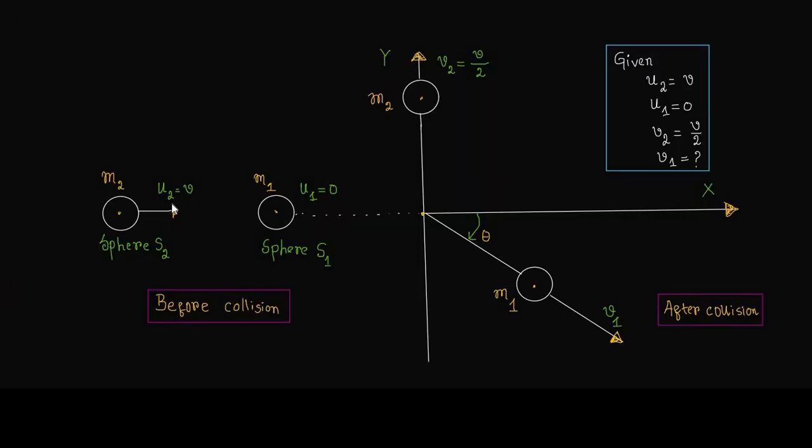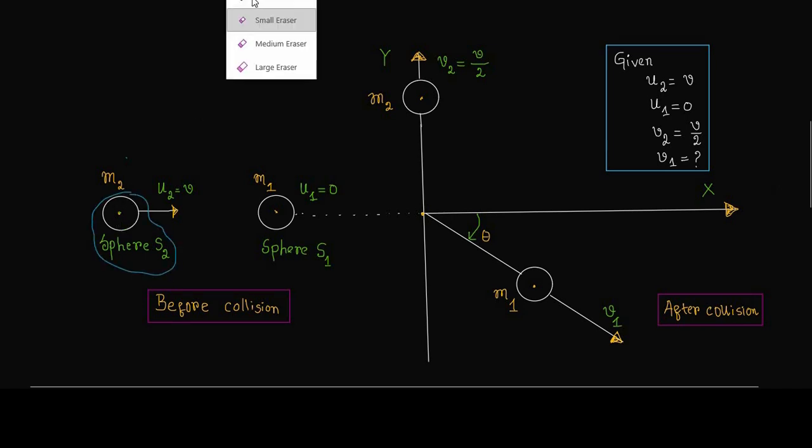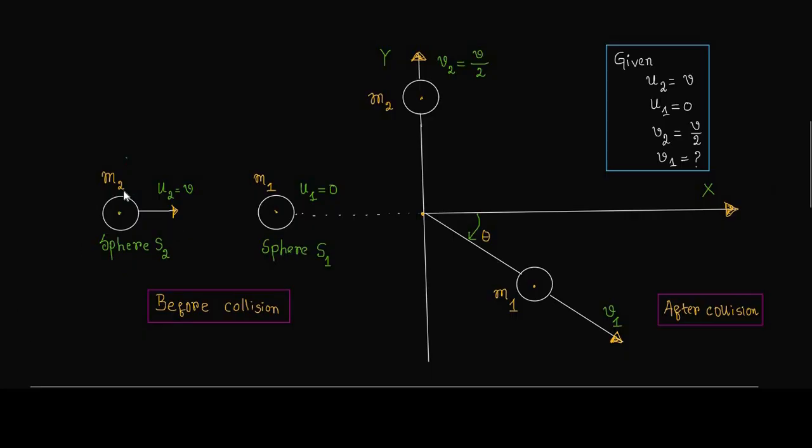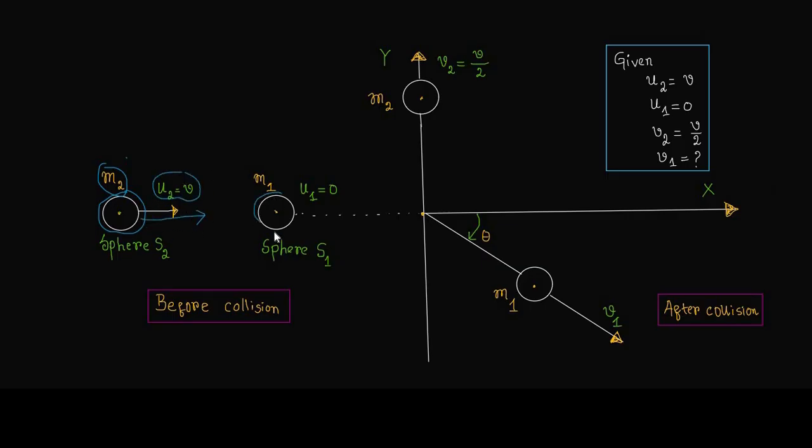Before collision, the sphere S2 of mass m2 will be moving with a velocity u2 equal to v along x-axis, and the sphere S1 of mass m1 was at rest before collision, that means initial velocity u1 will be 0.